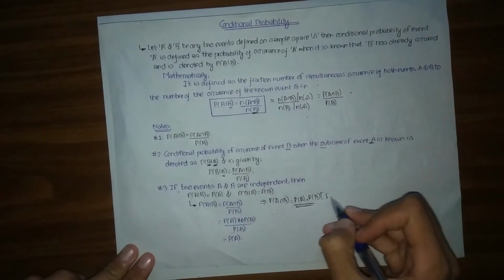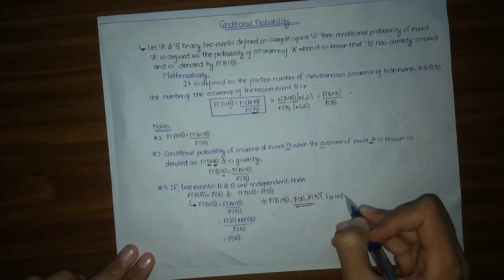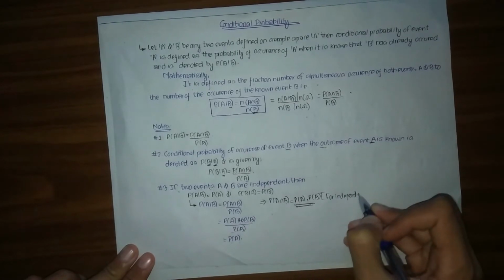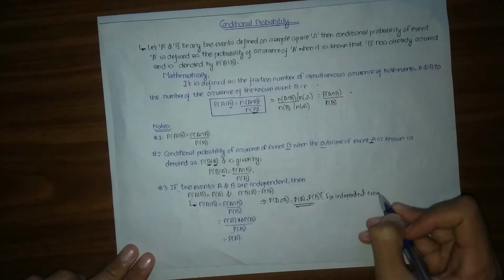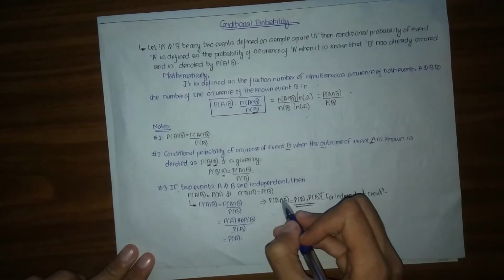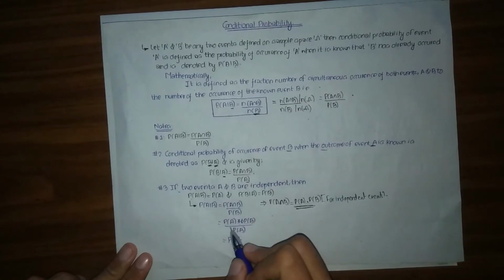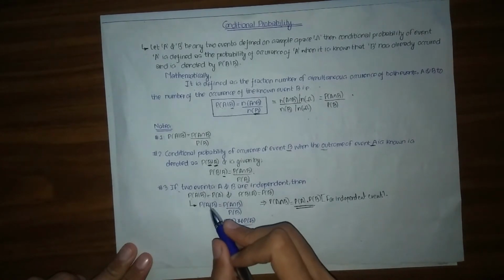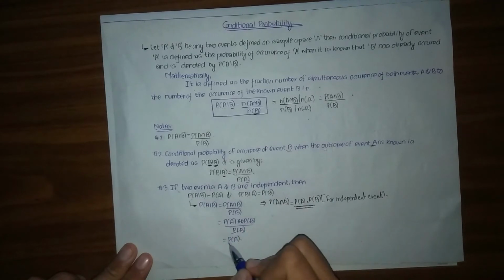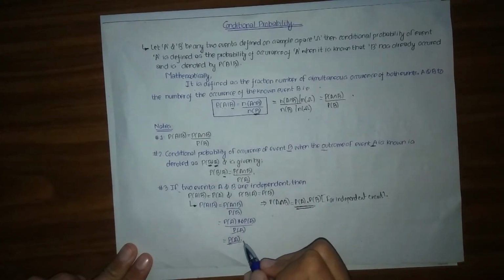Since we learned from our previous video, for independent events, P(A ∩ B) equals P(A) into P(B). Now we simply put P(A) into P(B) divided by P(B). P(B) and P(B) get cancelled out. So P(A|B) for independent events is simply equal to P(A).